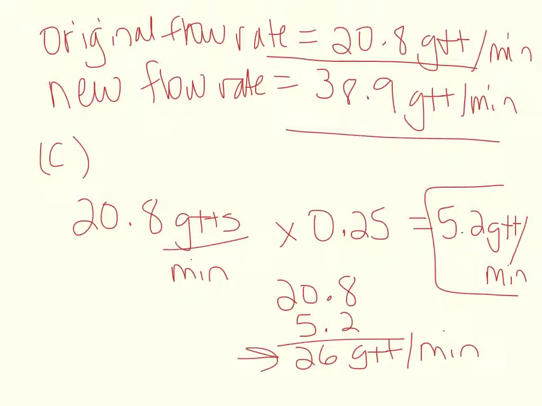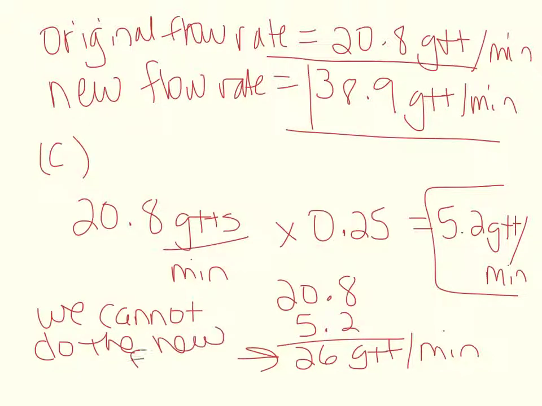So this is the upper level. We cannot exceed that. So clearly, when we look at our new flow rate, which is 38.9 drops per minute, that is much higher than the 26. So to answer C, we cannot do the new flow rate. It's not allowed because of the policy.